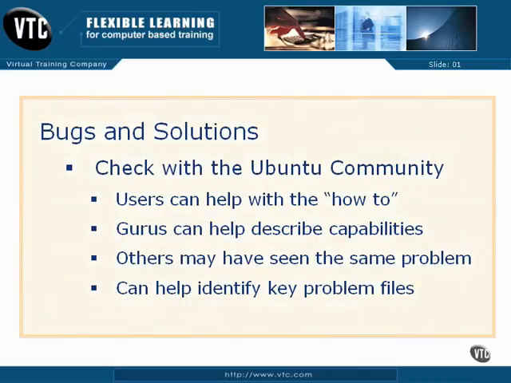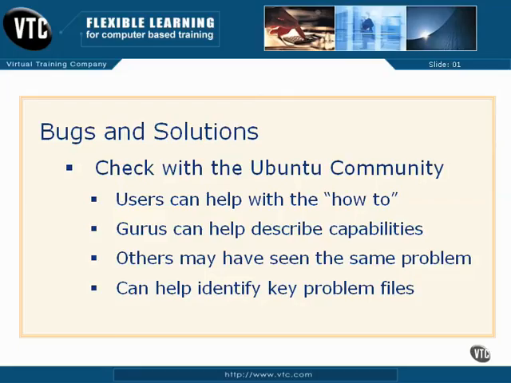Bugs and solutions. If you run into a problem with Ubuntu software, the first thing to do is to check with the Ubuntu community. More often than not, other users can help describe the how-tos on how to really use the software. Gurus and developers are often available in the community who can describe the capabilities of the software, so you know you're using it in the right way.